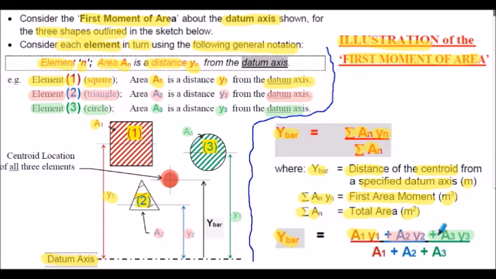We then simply divide that by the summation of the areas, so we add up the A1 with the A2 with the A3. And that evaluates to give us the Y-bar location, the centroid location in the vertical sense from the datum given. So that's the basic approach we're going to apply in evaluating the centroids in the following examples we're going to review. We will of course look for the X-bar location as well in some of the questions.